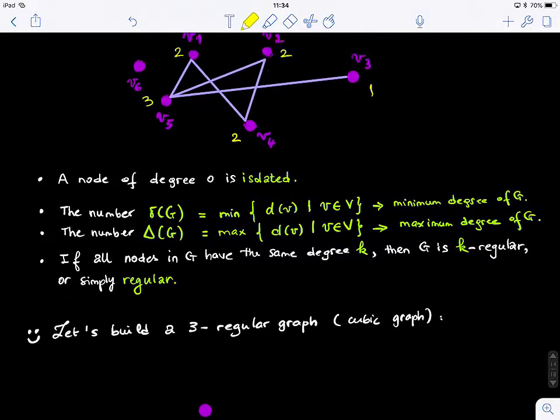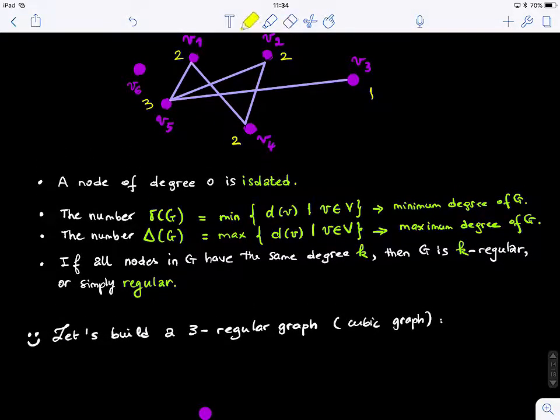A node of degree 0 we call an isolated node, right? We also define the little delta of G as the minimum degree that a graph can have, and we define the big Delta of G as the maximum degree a graph can have.